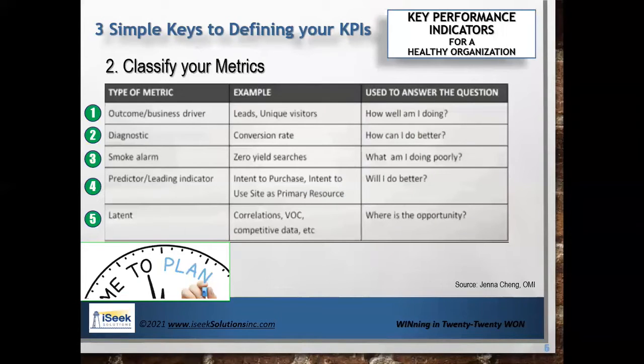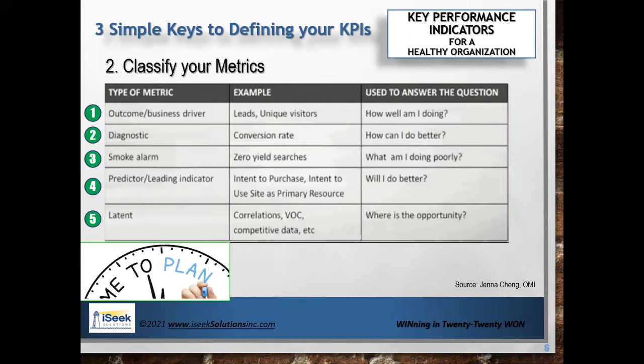Number two, very simple, classify your measurement or your metric, right? And so we want to really just look at here 5 types of metrics. And that's how we classify your metrics, because there's, again, if you Google metrics or measurements or performance indicators or KPIs, you're going to see hundreds of different types of ways to classify, to categorize a KPI.